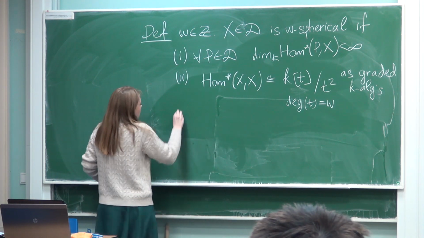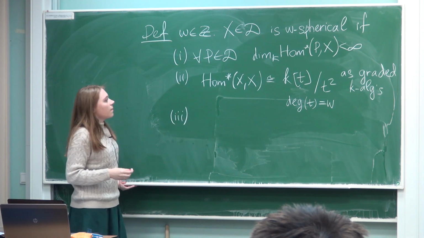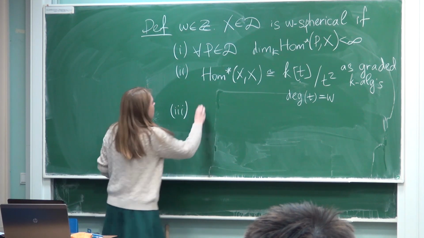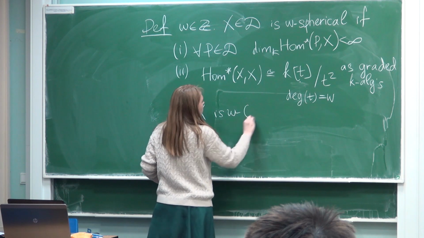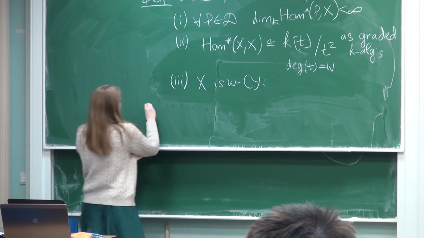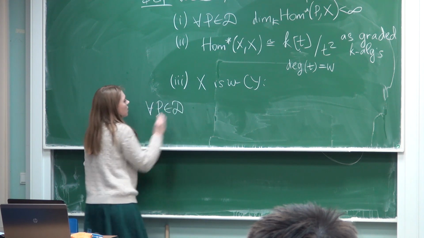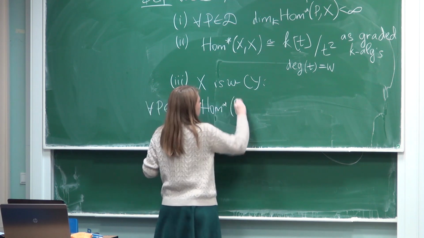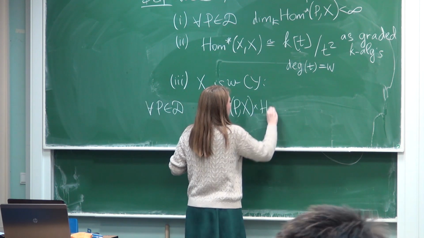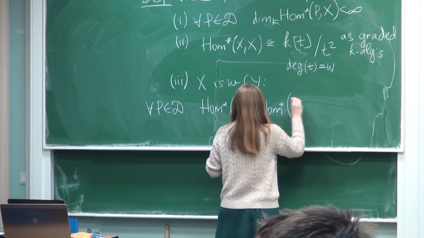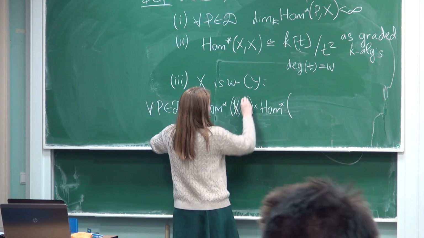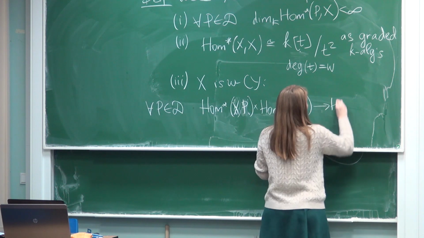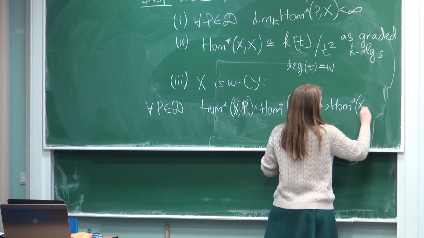condition that we need. And the last condition is the Calabi-Yau condition, which basically says that X is omega-Calabi-Yau, which means that for every object P of D, there is a perfect pairing defined by the composition Hom(X,P) times Hom(P,X) to Hom^*(X,X).